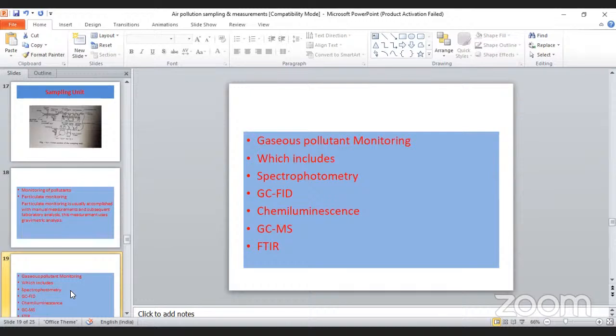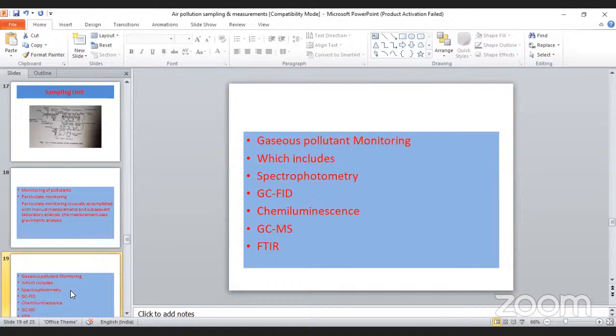Calibration checks the accuracy of measurement by establishing a relationship between the output of the measurement process and the known input. Suppose, for example, we are using GC, GCMS, gas chromatography mass spectrometry, gas chromatography flame ionization detector, chemiluminescence spectrometry, or FTIR, whatever the method, the accuracy is based on the calibration.